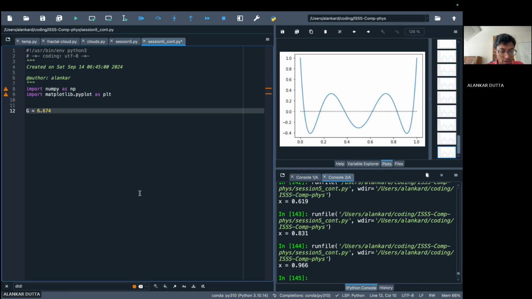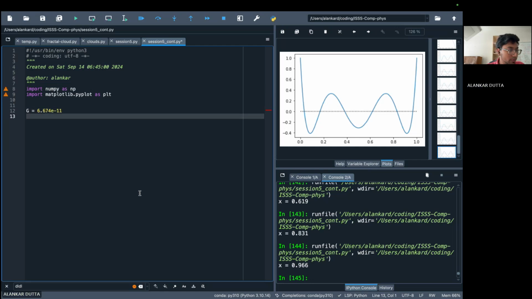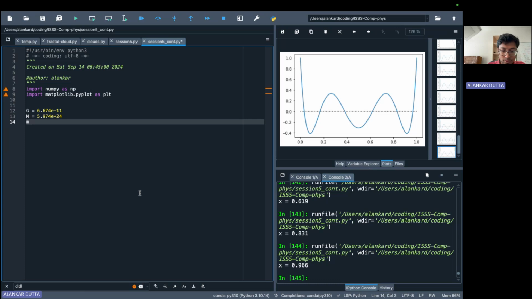6.674 e minus 11. M is 5.974 e plus 24. Small m is 7.38 e plus 22.